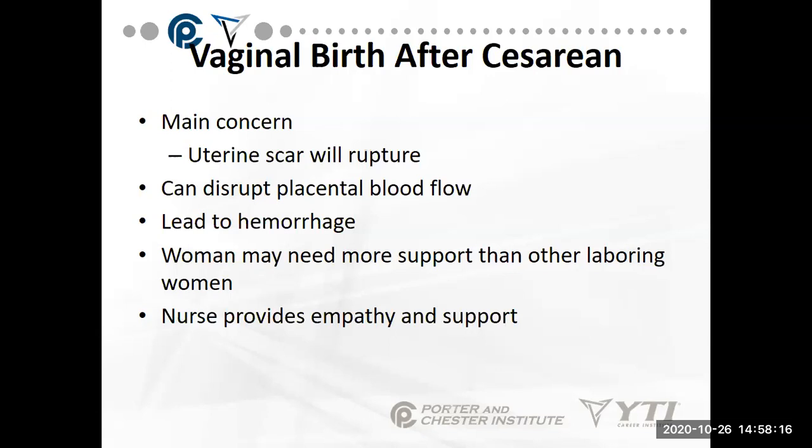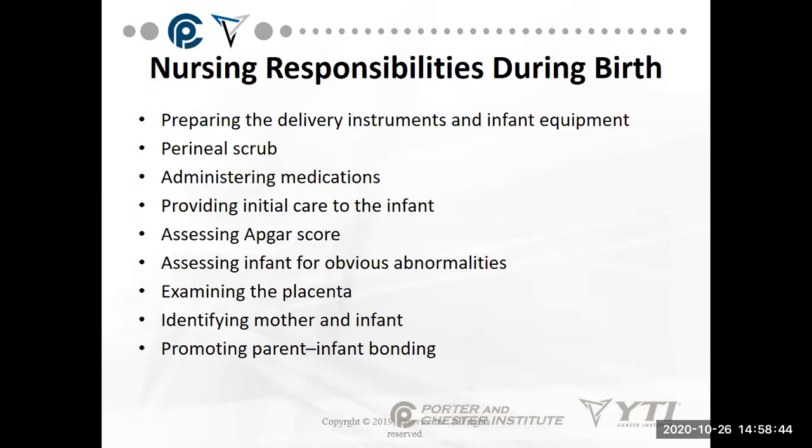But the main concern is going to be the uterine scar and the scar tissue, because it's going to be a little more difficult, and it can involve placental flow and cause some type of more bleeding. So when you're observing your patient, observing signs of uterine rupture should be part of the nursing care for all laboring women, regardless of whether they have had a previous cesarean section or not.